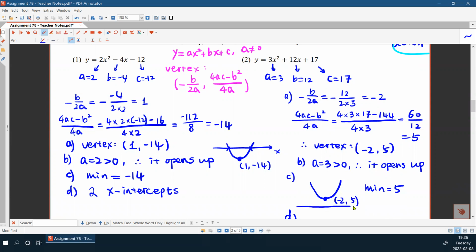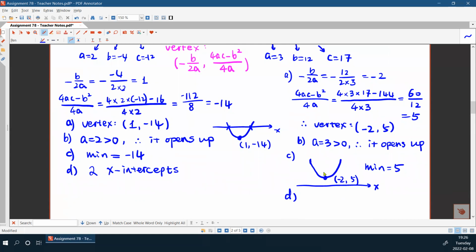So it must be above the x-axis, right? That means there won't be any x-intercepts because when the vertex has a y coordinate that is more than 0, and the curve opens up, it will never intersect with the x-axis. Therefore, there are no x-intercepts, or 0 x-intercepts.